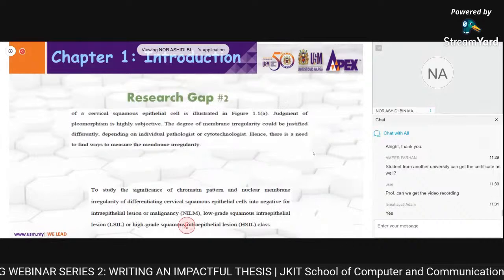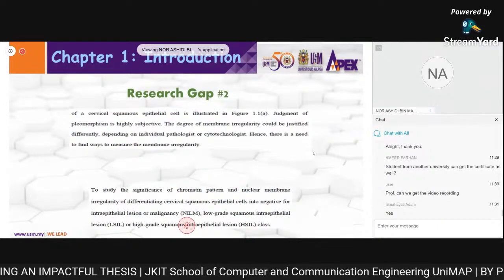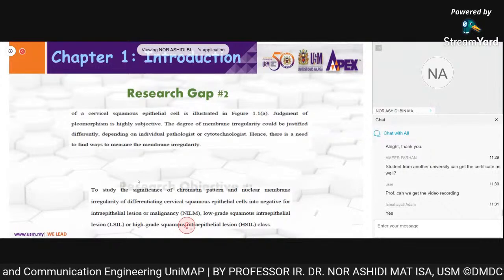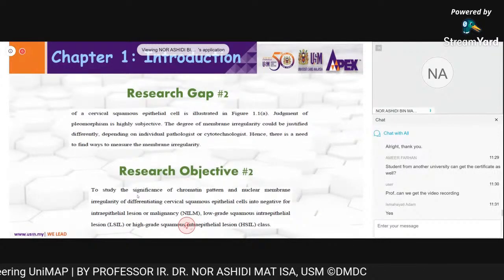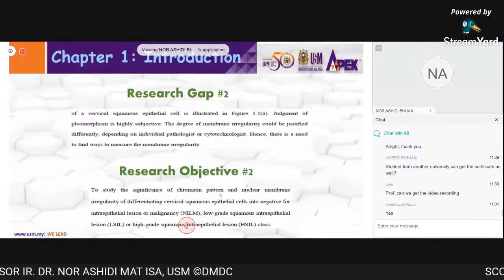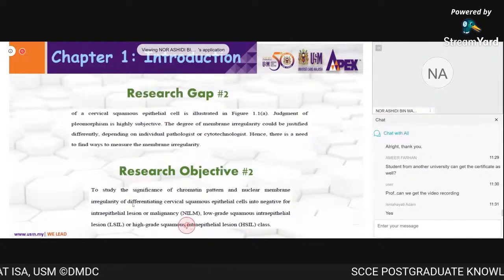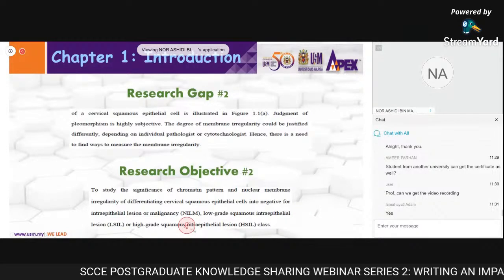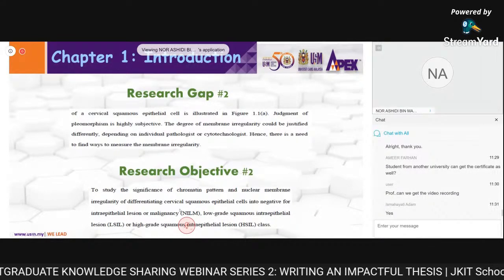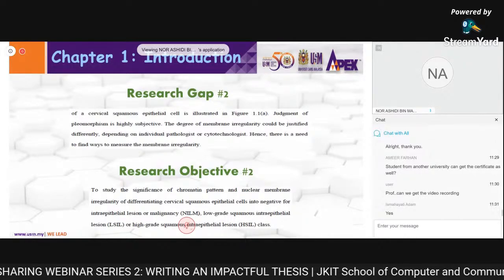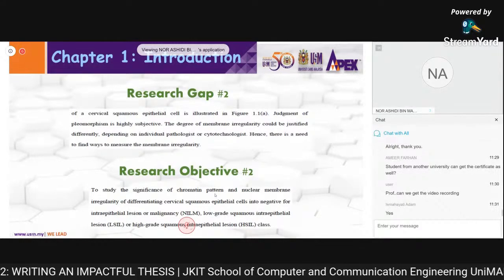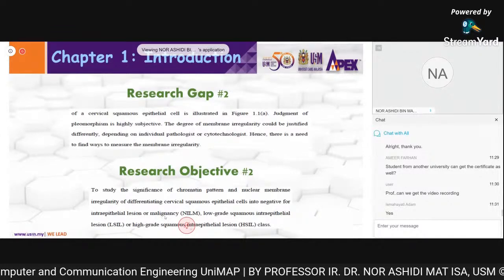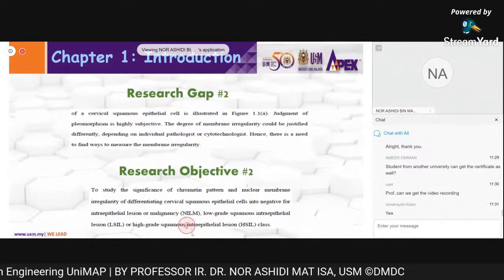Another example. This is my student's second research gap, which is about the membrane ability. Okay. So what is the objective? To study the significance of chromatic pattern and nuclear membrane, and to differentiate between normal and abnormal. Okay, at the end of the day, she will come out with a model based on the chromatic pattern and nuclear membrane ability, a model that can differentiate between normal, low, and high.